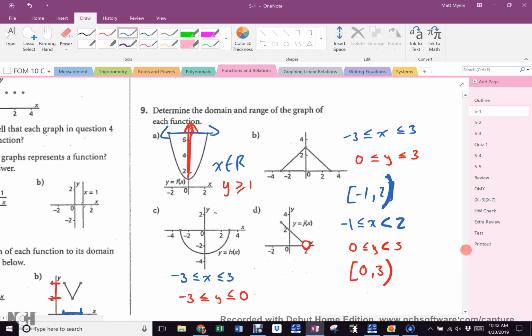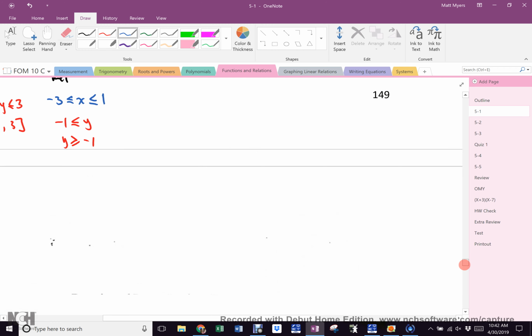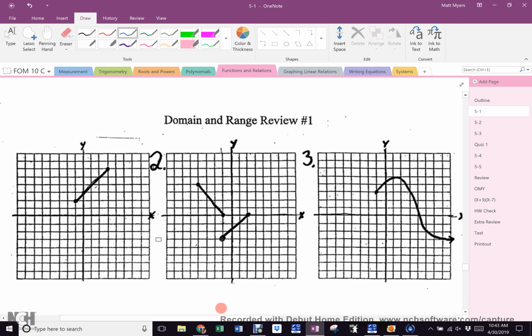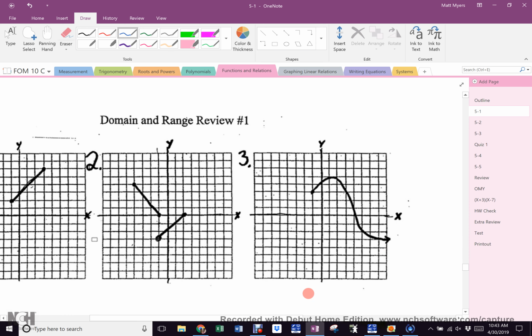Okay, now, this next page is an assignment. Please look at it. For the most part, it's pretty easy to see. Everything on this top page, all the 1, 2, and 3 are closed dots, and this arrow goes flat right there.